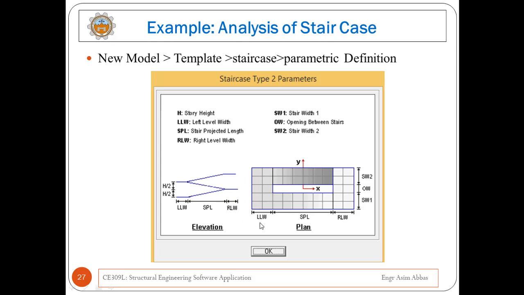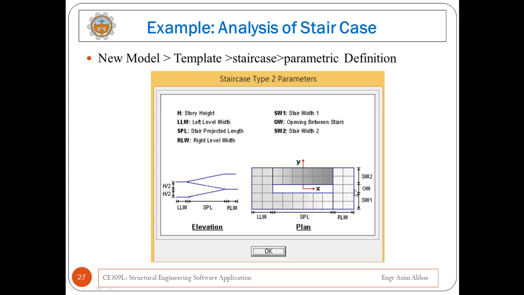So LLW and RLW and SPL are shown in plan as well, and this is the elevation. Similarly, the other parameter is SW1, the stair width 1, the width of stair in this location, and the next one is the OW, that is the opening between stairs.